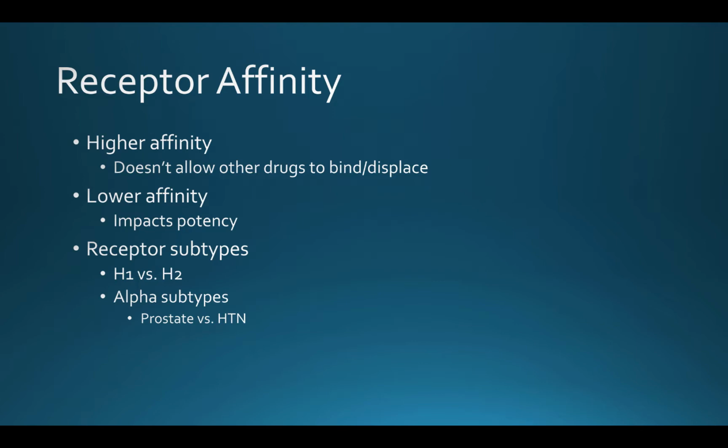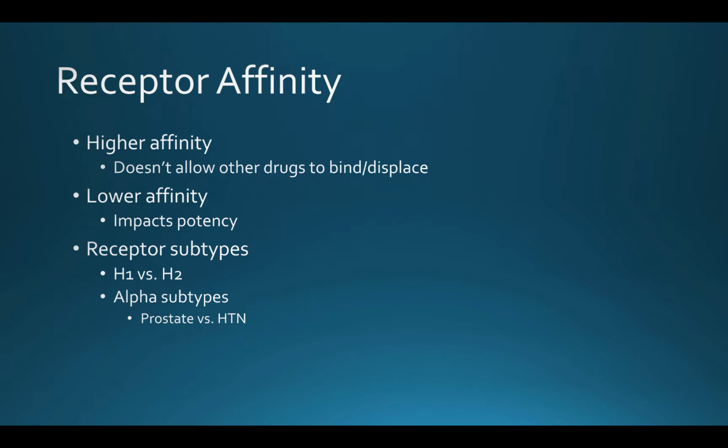If they bind very tightly, it's probably going to have a very high potency. With lower affinity medications, it's going to take more of the drug to get a similar physiological response to a small amount of a higher affinity drug. So hopefully that makes sense for you.